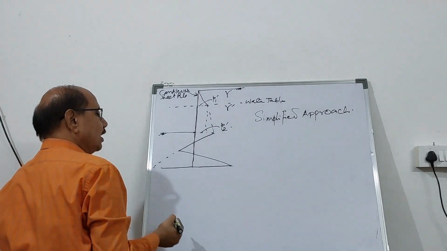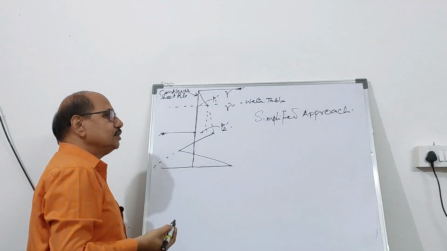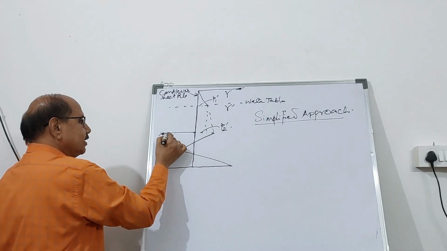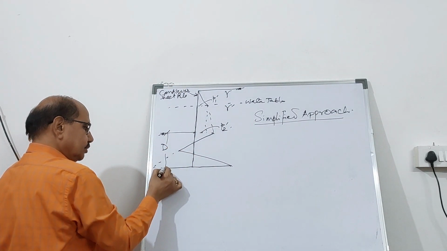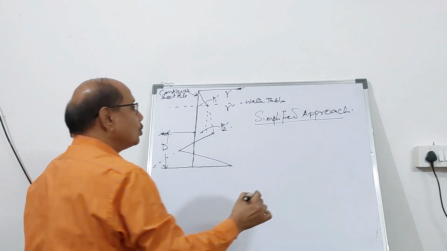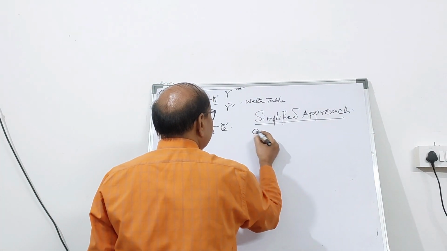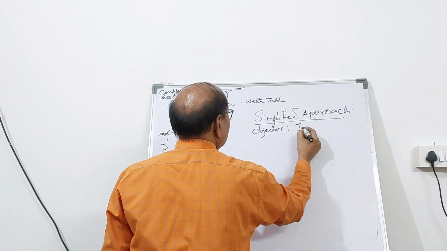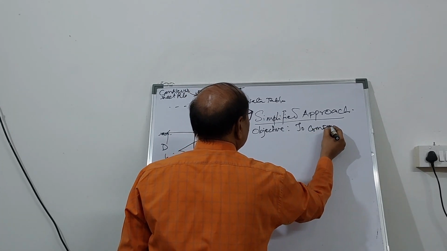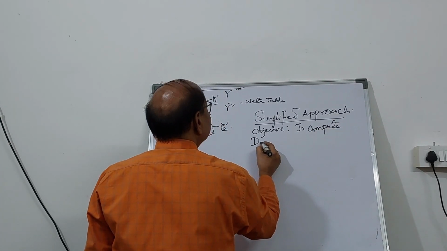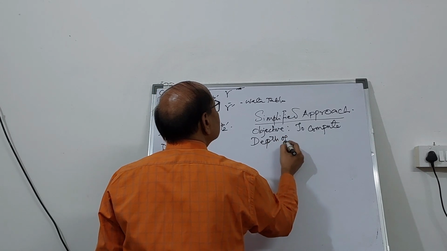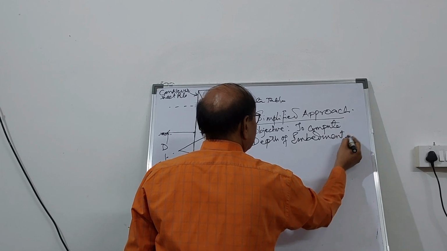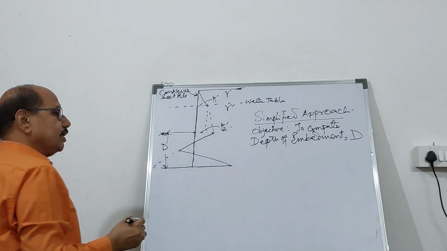The simplified approach is going to be a little approximate in nature, but it will give you the idea of how to calculate the depth of embedment D. So in the simplified approach, the objective is to compute the depth of embedment, which is capital D as shown in this figure.